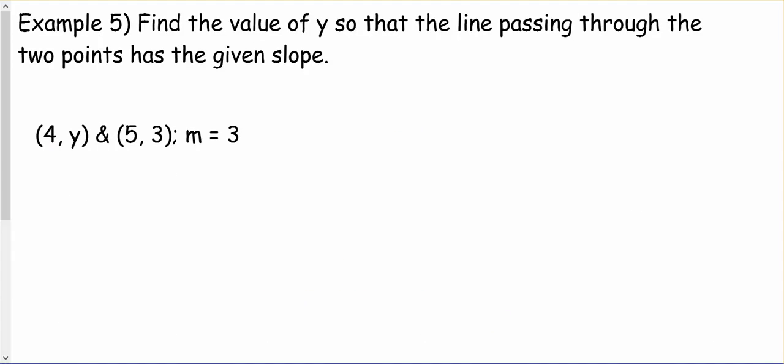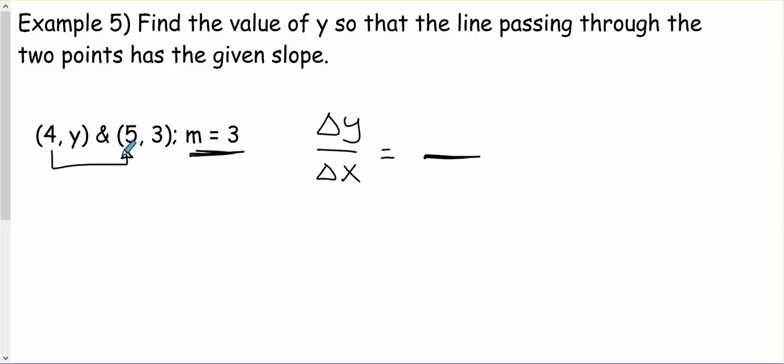Example 5, find the value of y so that the line passing through the 2 points has the given slope. So we want to end up with a slope of 3. So we can do this the change in y method too. So we're going to say our change in y over our change in x, and that should equal 3. So let's figure this out. They don't give us another y, so we're going to say from 4 to get to 5, what is my change in x?